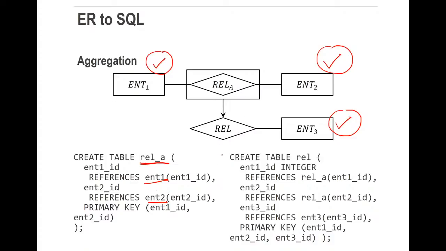It is then used as if it is an entity set. So you have the relation A over here being referenced, which means that you treat relation A as if it is an entity. That's basically the difference.